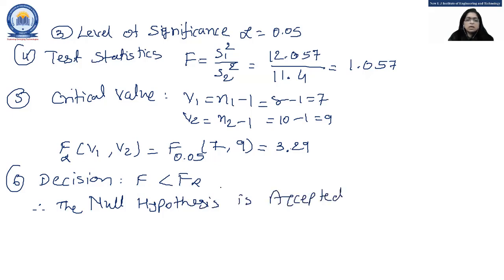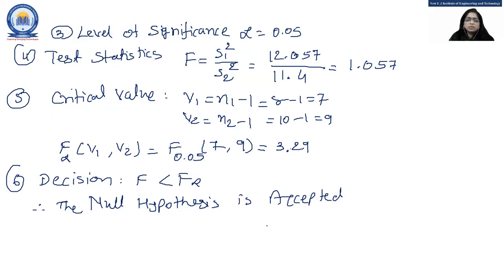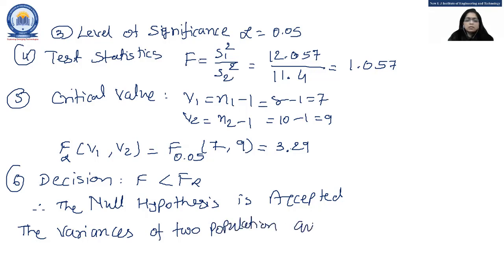And as the null hypothesis is accepted, it means the variances of two populations are equal, right? So the variances of two populations are equal.